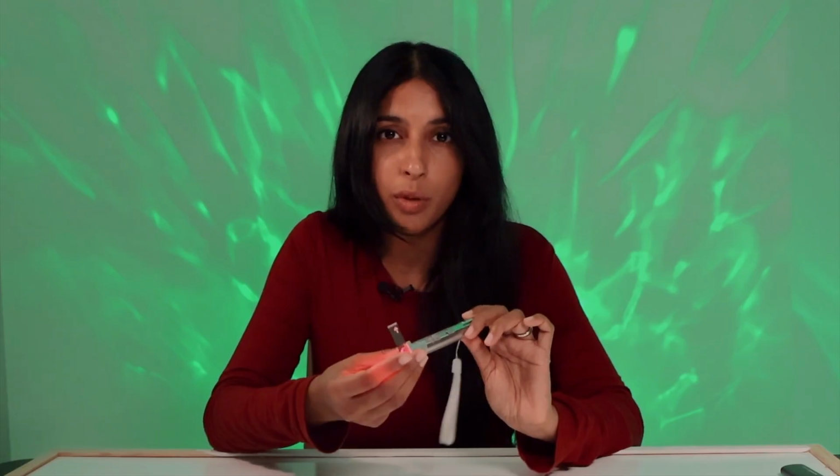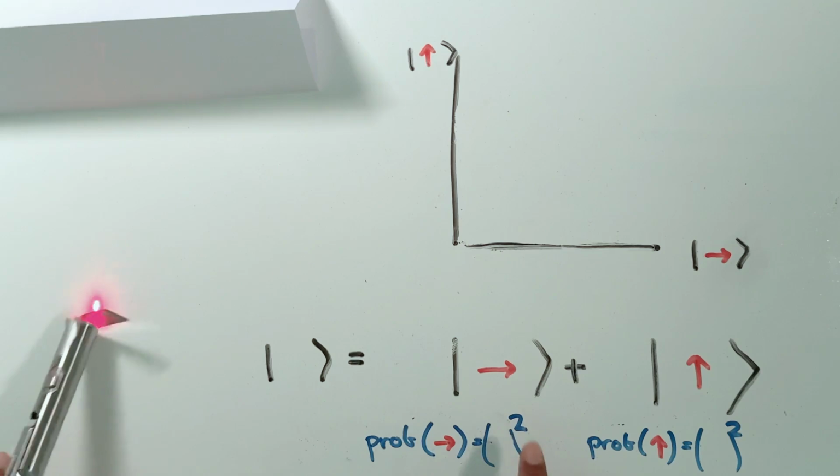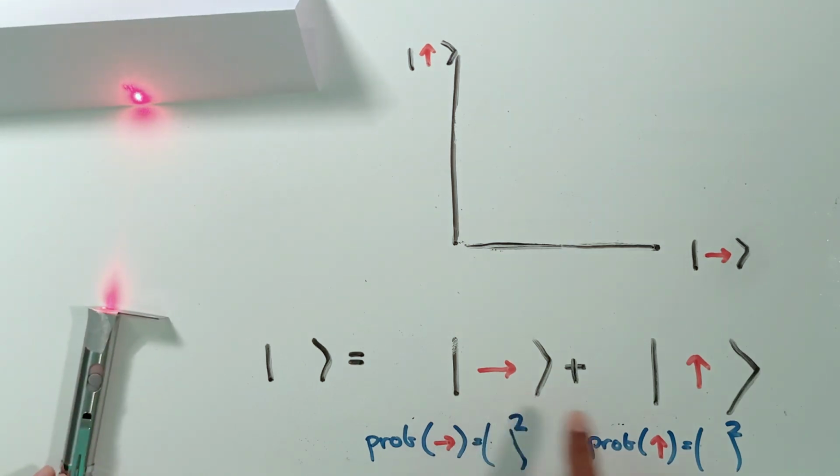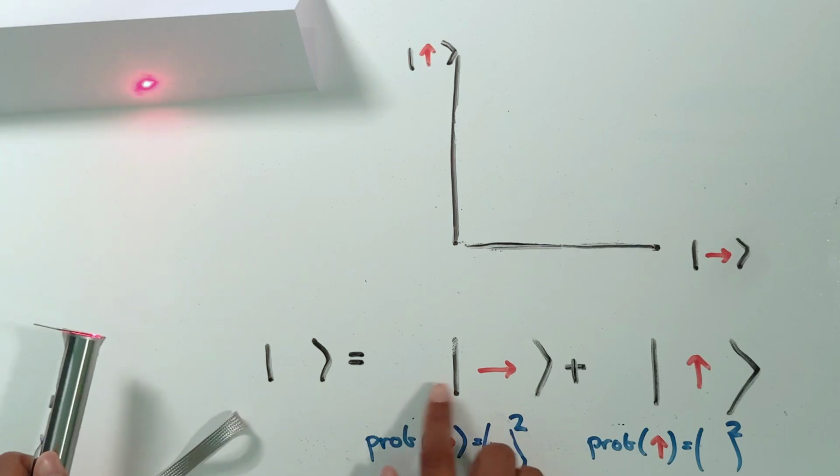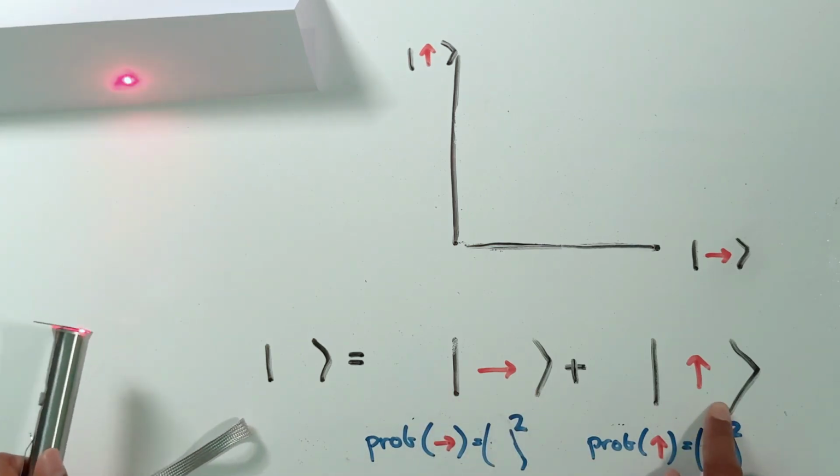That turns out to be a very profound insight in quantum mechanics, that any light can be written as a superposition of other types of light. So if we take any measurement basis, like this horizontal and vertical light, then we can write any other type of light, however it's oriented, as some combination of this plus this.